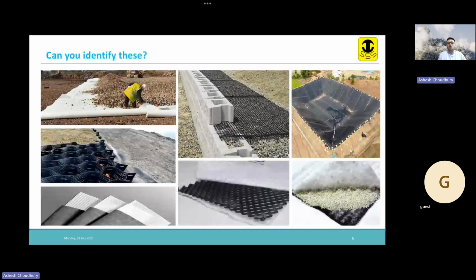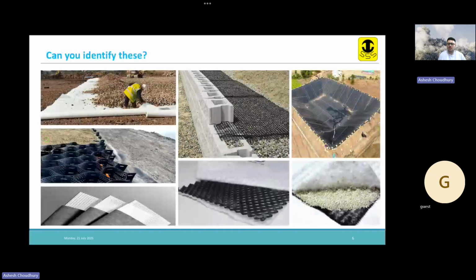Obviously, these are geosynthetics, but which one is which? If you have some idea, just try to make some guesses. Let's try.